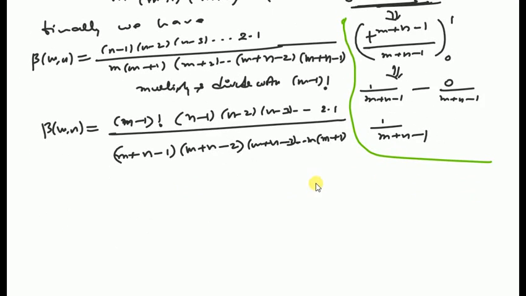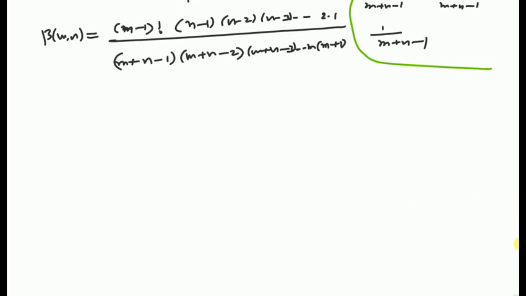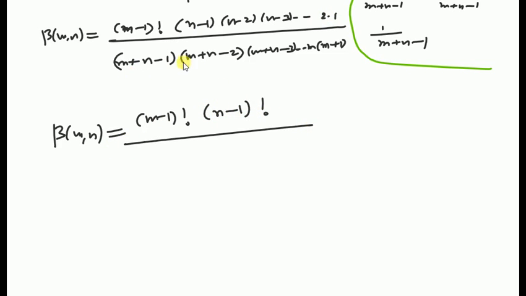So what I have finally here, beta mn will be equal to m minus 1 factorial and this entire thing n minus 1, n minus 2, n minus 3 will become n minus 1 factorial, whole divided by m plus n minus 1 factorial.